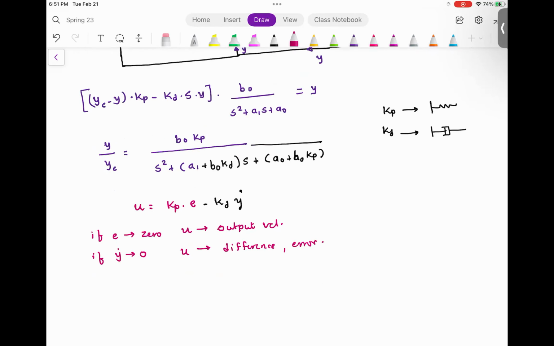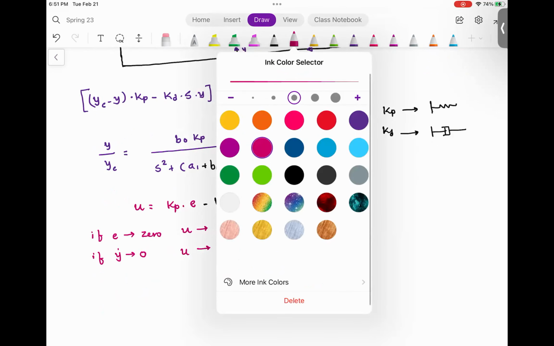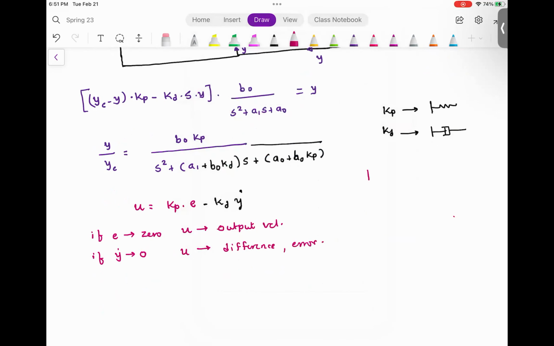Now, this gives me an interesting analysis, which I want to talk about: what exactly is going to happen when you have a control input, say Umax. This Umax is going to be Kp times the error max.